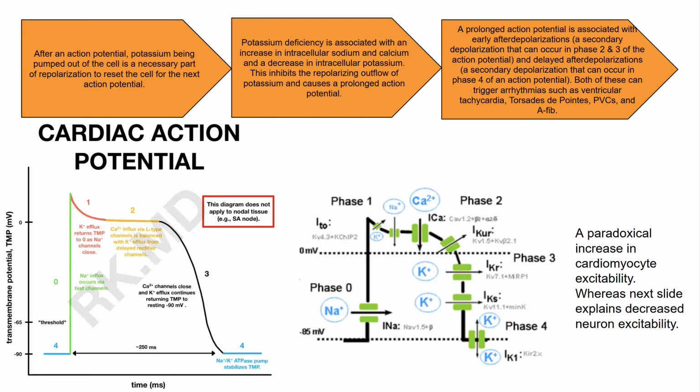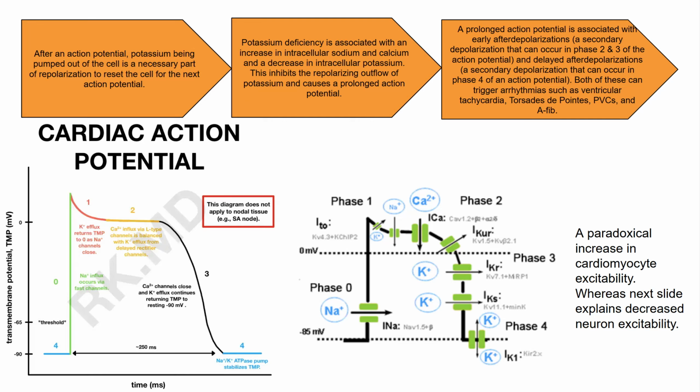A prolonged action potential is associated with something called an early afterdepolarization, which is a secondary depolarization that occurs in phase 2 and 3 of the action potential, and delayed afterdepolarizations, which is a secondary depolarization that can occur in the fourth phase of an action potential.